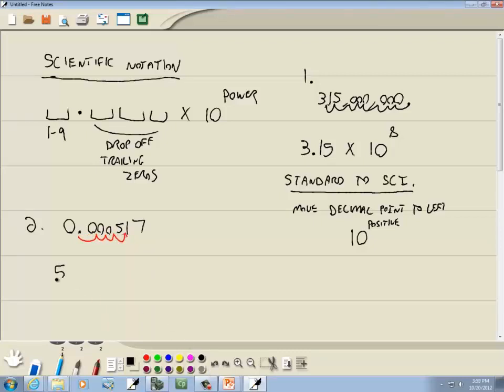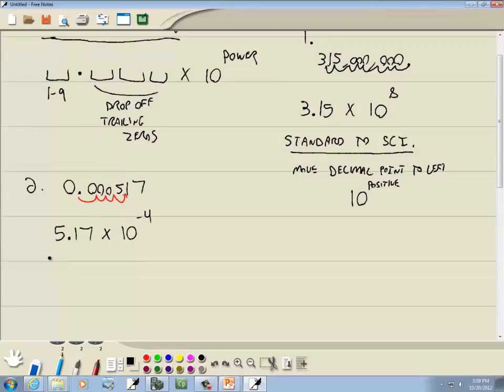So we're going to end up with 5.17. Now you drop off the leading zeros also. And it'll be times 10 to some power. Now we moved it 1, 2, 3, 4 places. So it's either going to be positive 4 or negative 4. Well, in this case, it's going to be negative 4.